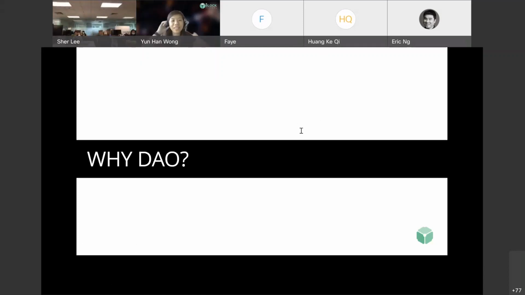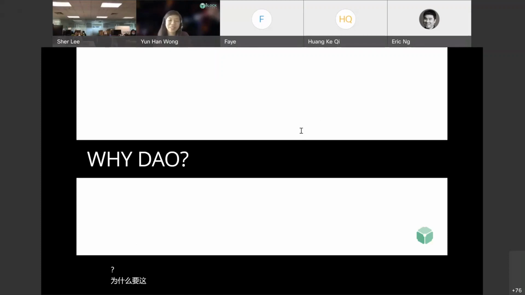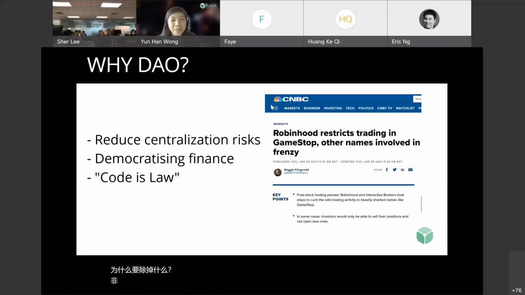Very interesting because everyone will have a chance to participate. Very good. Samquack, empower people to be decision makers. Very good. Anyone else? Why should we DAO something? Very good. So why we should DAO is also like what Curti said, transparency.